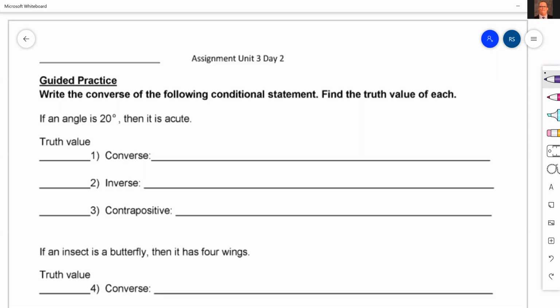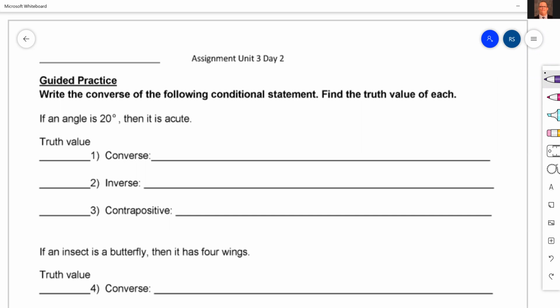Okay, now on to the guided practice. We're starting with where we left off on the notes. They want us to write the converse, the inverse, and the contrapositive of the following statement, and then say whether each one is true or false.